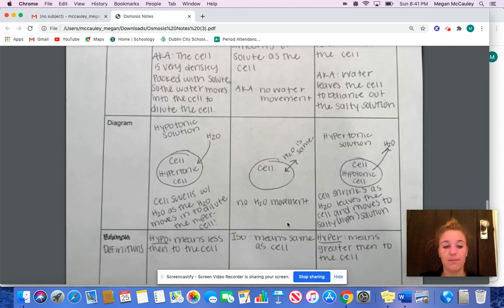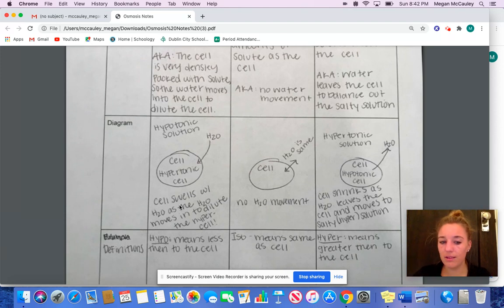So let's talk about this. The outside has less salts than the actual cell. The cell is very salty compared to the solution on the outside. So what happens? We want to reach that equilibrium. To reach that equilibrium, the water is going to move from this less salty outside into the cell, to really water out that salt on the inside.